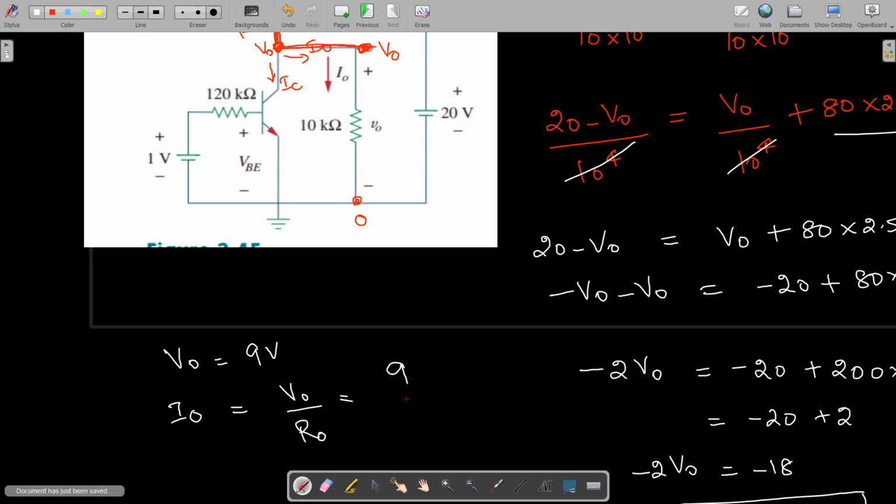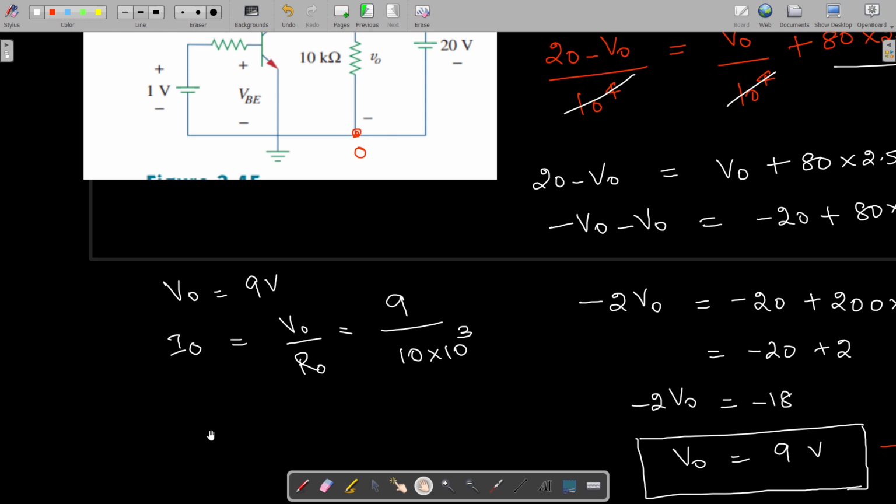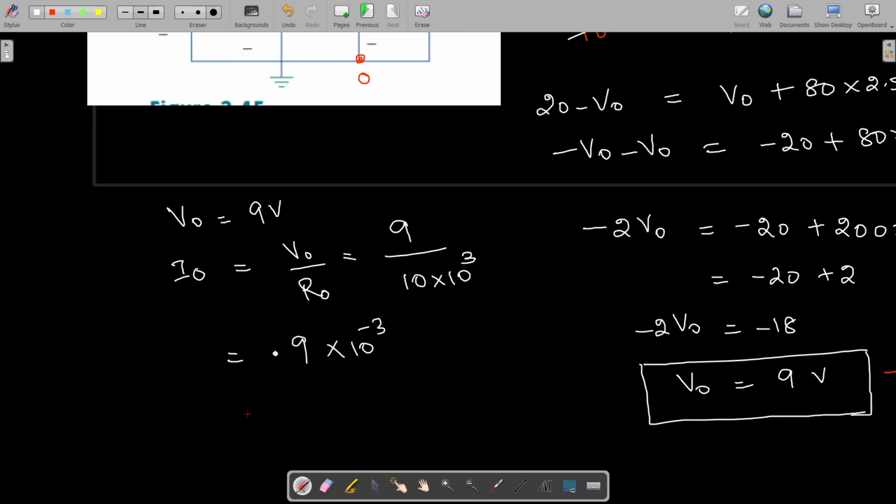So it is 9 divided by 10 kilo ohm, 10 into 10 power 3. That is equal to 0.9 into 10 power minus 3, so 0.9 milliamps. So I0 is 0.9 milliamps. This is the answer we got.